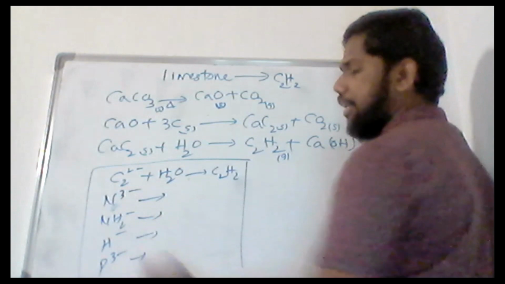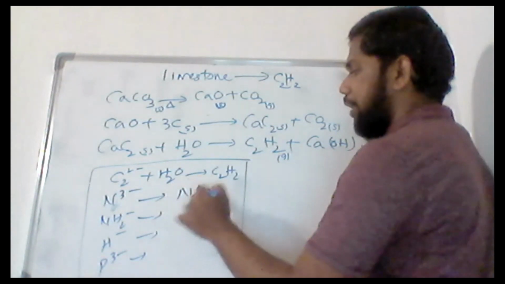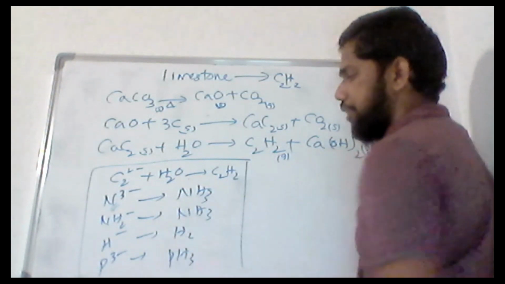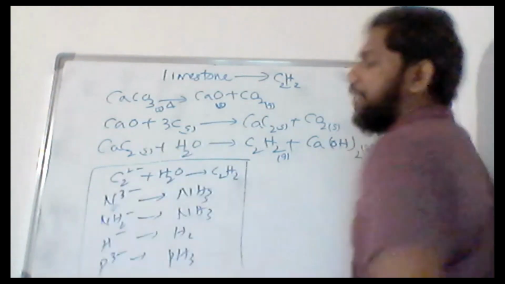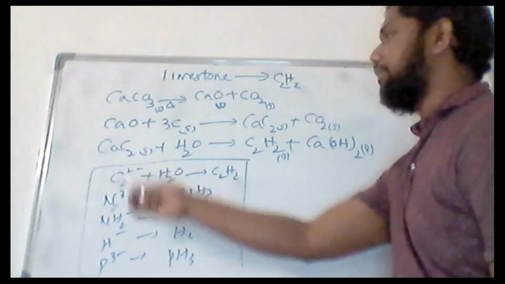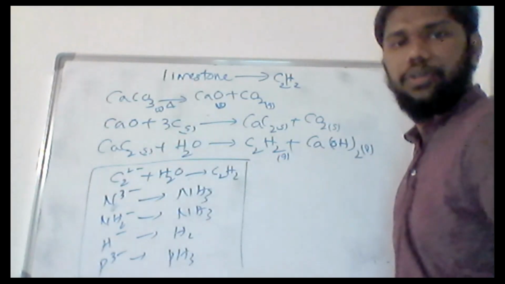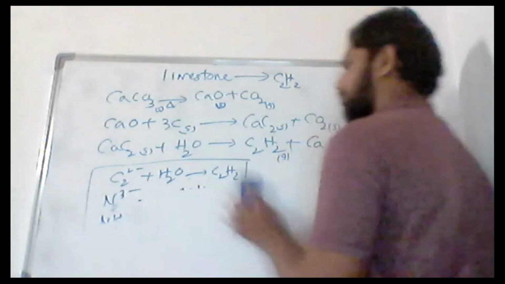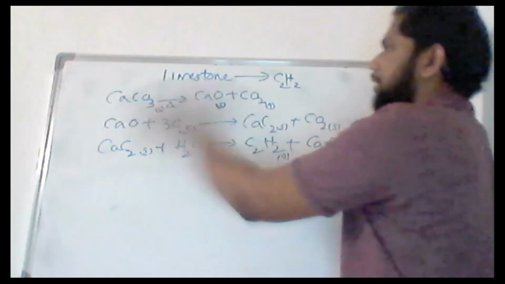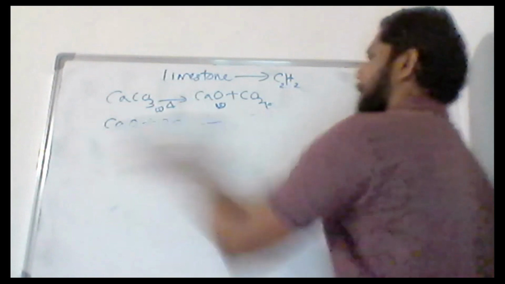We discussed the anions that would give gases with water. So this will give ammonia, H2 and PH3 phosphine gases. These are necessary things that you need to know. And here there is C2 2 minus, so if you add water, it will form acetylene gas. So this is one of the processes that you can do for limestone to convert it into acetylene.